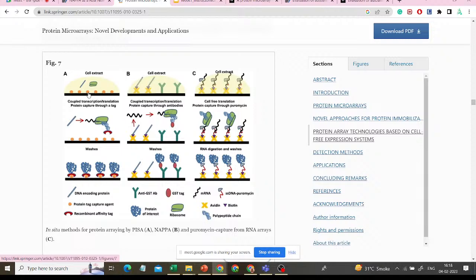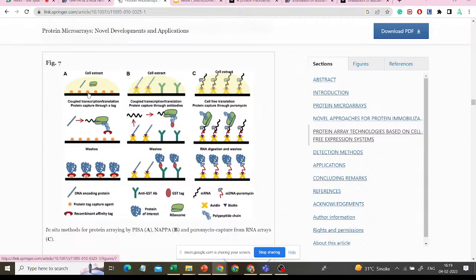Just try to remember and understand the concepts. So there are protein chips, functional protein arrays, protein detection arrays, and then cell-free based expression systems. Among these are the protein in situ array and NAPA.